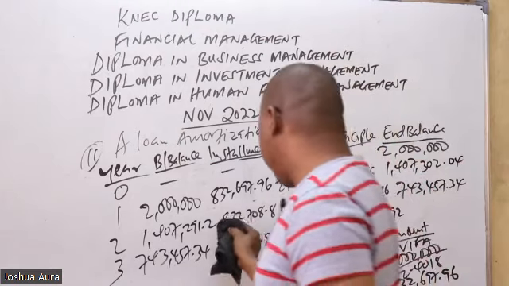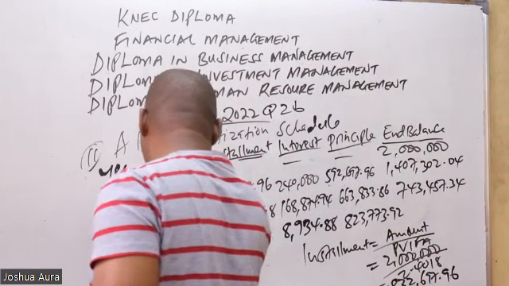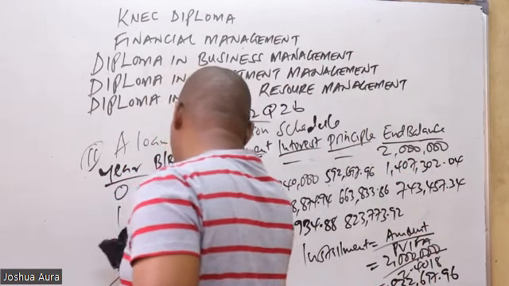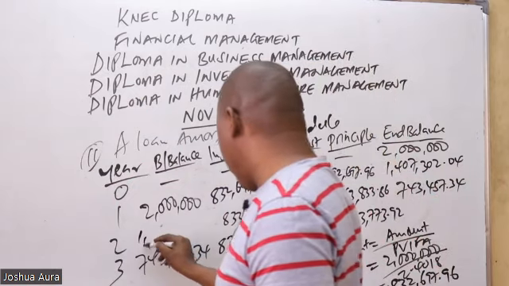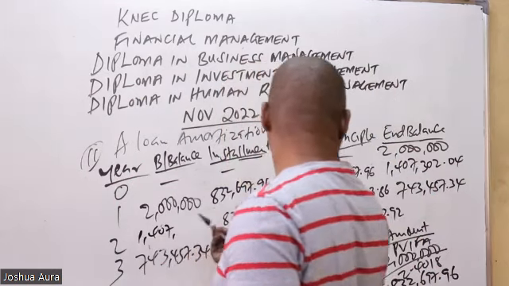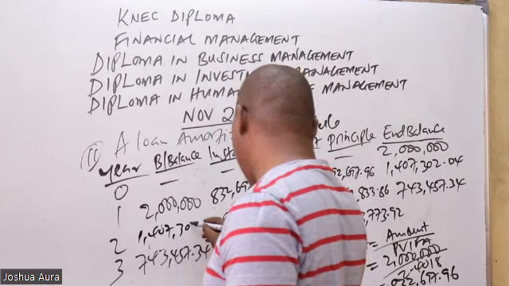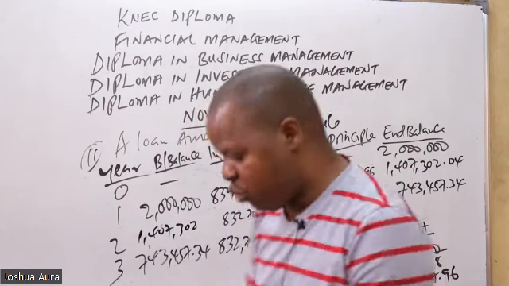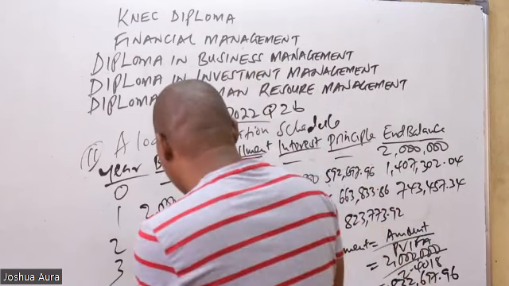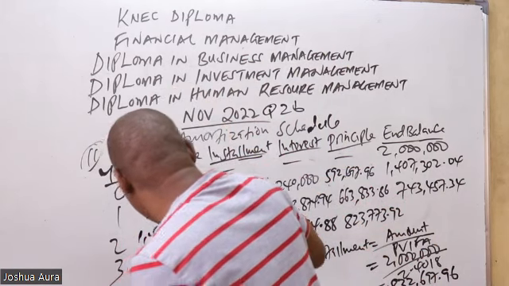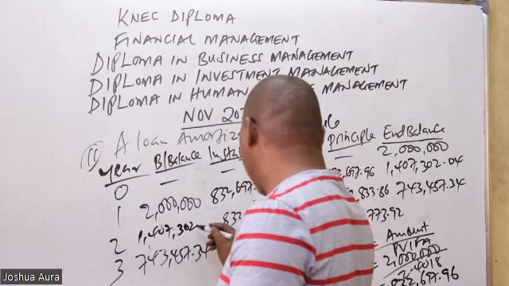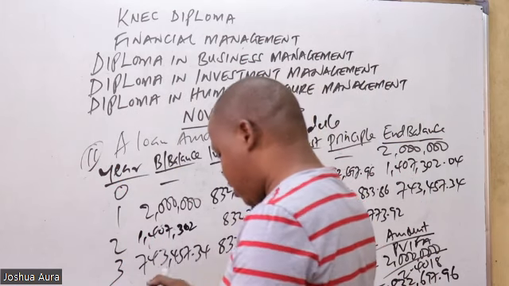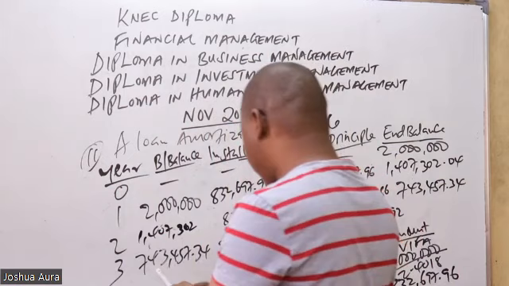Our beginning balance for year two. So can we bring this ending balance to be 1,407,302.04.